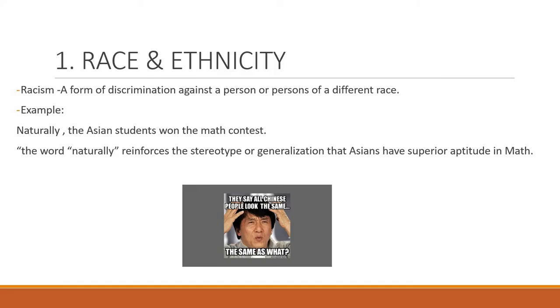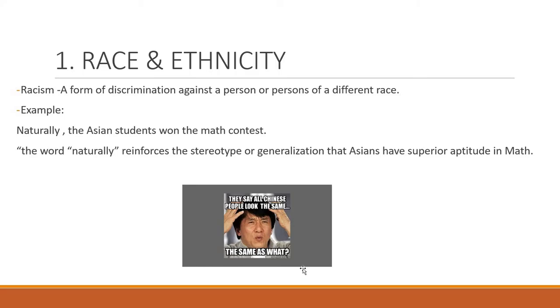So we should better get rid of the word naturally. It is because not all the time that Asians have superior aptitude in mathematics. So here we have an image that says they say all Chinese people look the same.